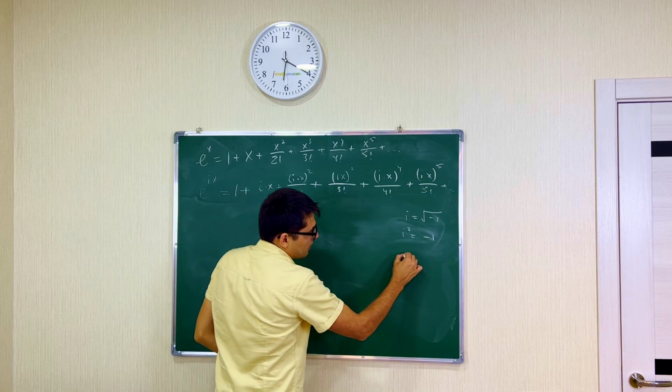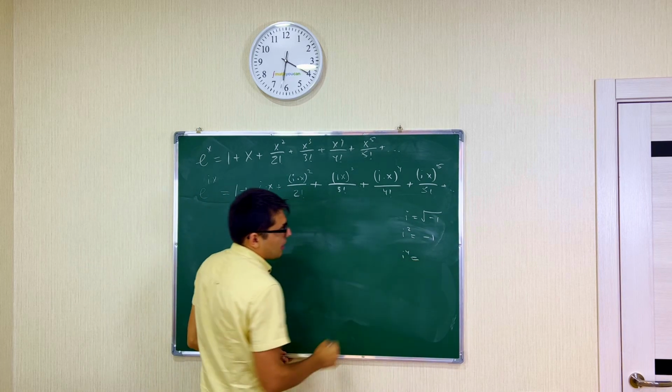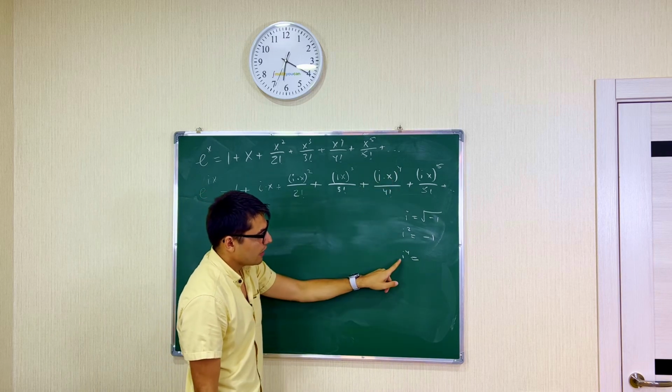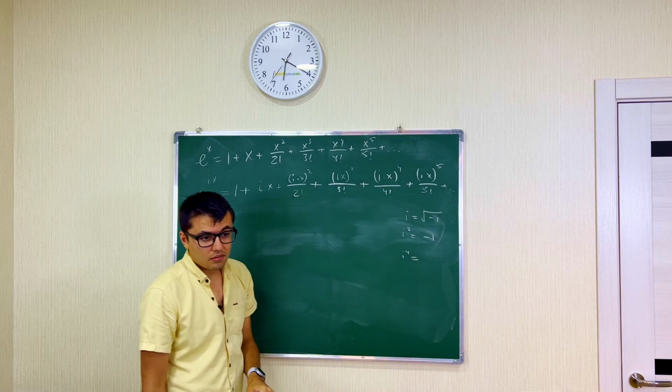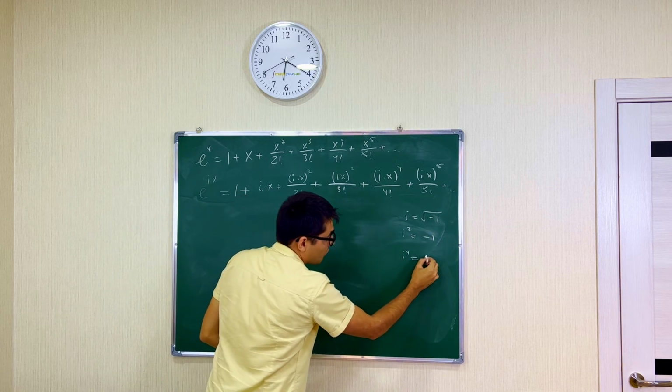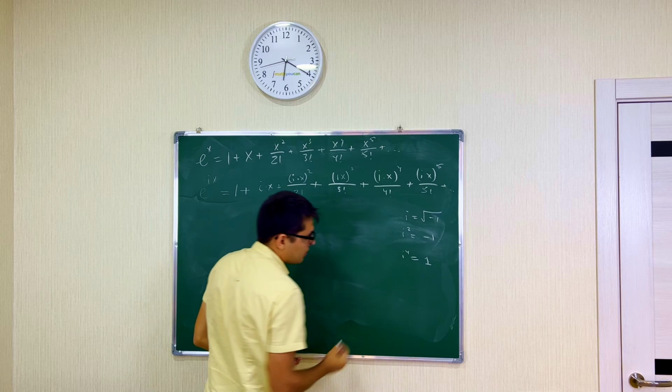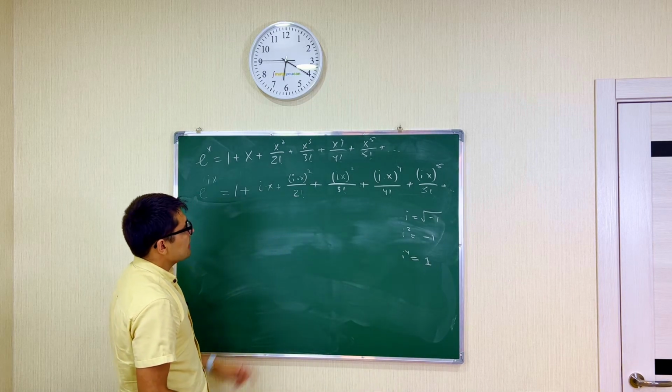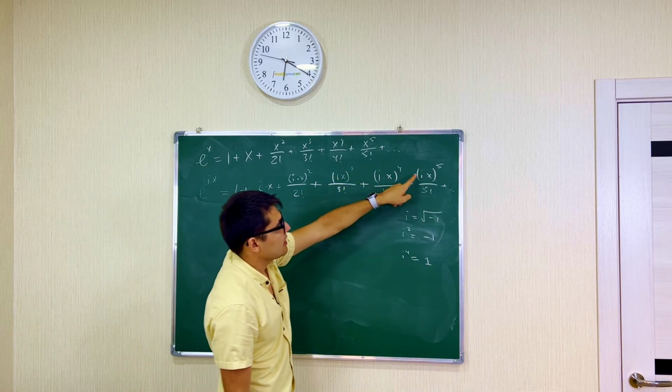Also we need to know what i to the power of 4 is. It's i squared squared, just the square of this, right? So that's going to be 1. We also need i cubed, and i to the power of 5.